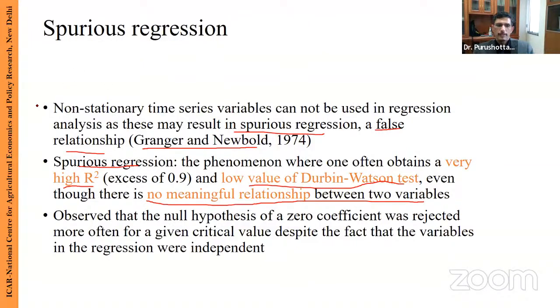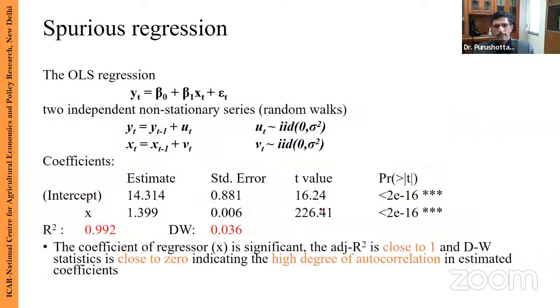But since the data are non-stationary, your regression coefficients may be spurious ones. And there is a rule of thumb: if R square is greater than the Durbin-Watson test statistic, your regression model is spurious. So we'll try to see that in the next slide.